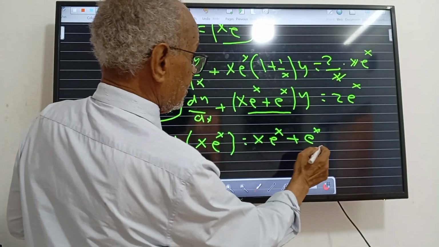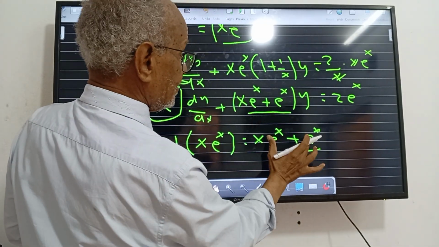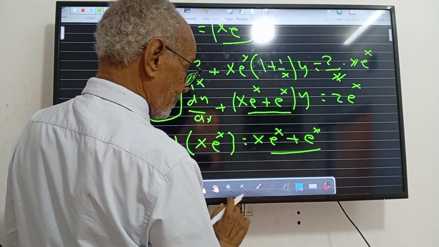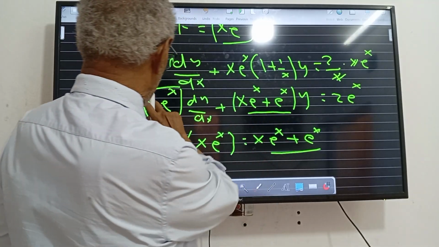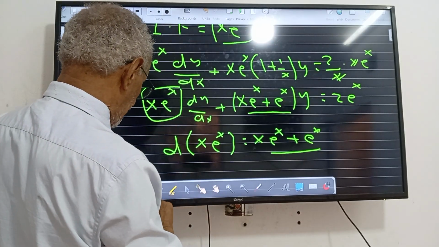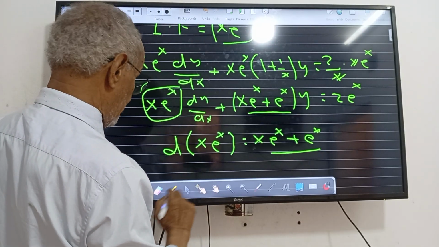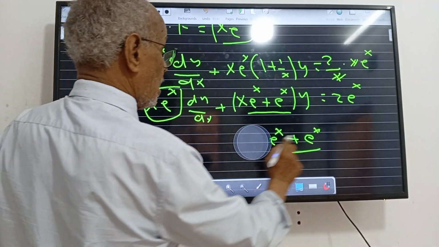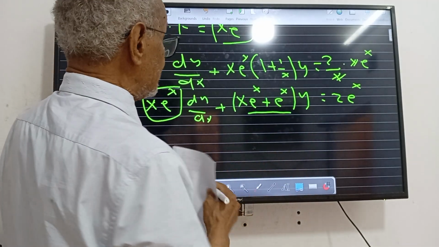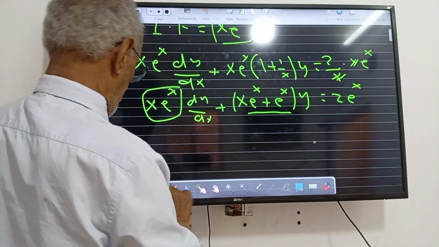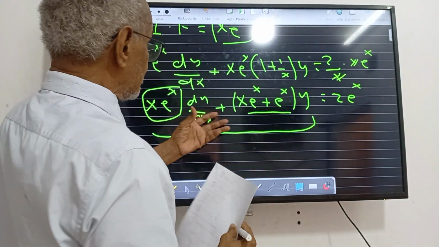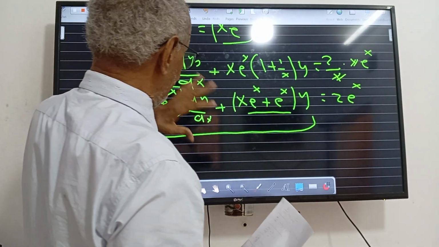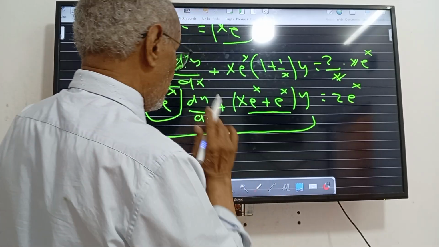So I think they are the same. These underlined terms construct the differentiation of the combination of two functions.